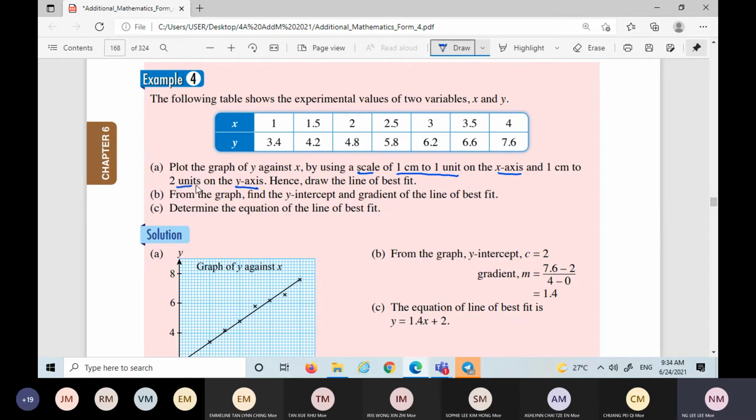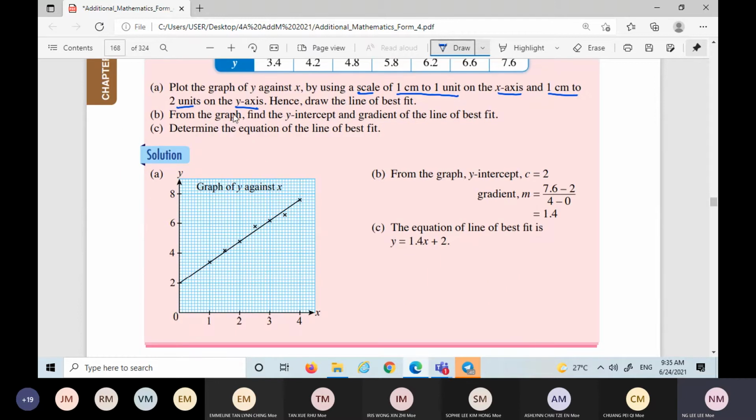For the y-axis, 1 centimeter to 2 units. From the graph, draw the line. So you follow the steps just now: you get the axes ready, you plot all the points, and then you draw the line of best fit, and only then answer parts B and C.